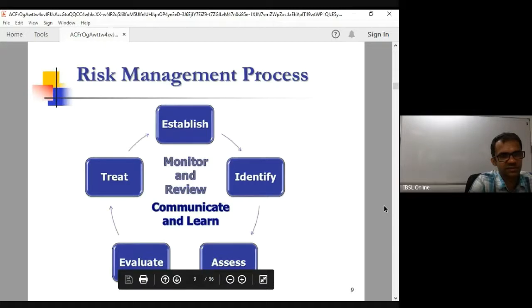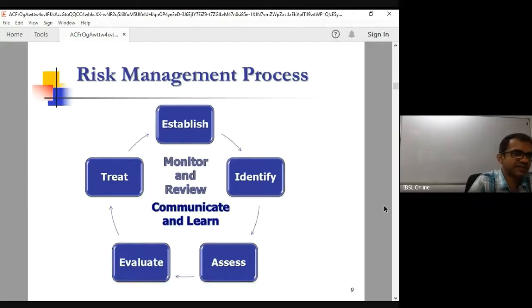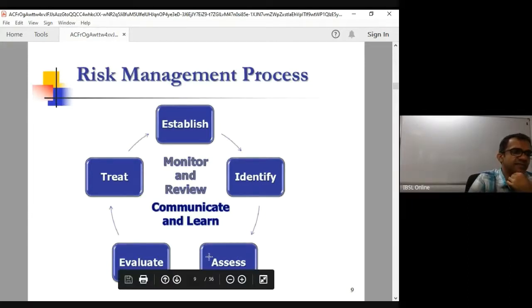As I mentioned at the beginning, even this identification or the assessment, these steps in some books, they may break into several parts and have separate structures or processes, but basically these things are the common concepts in any of these processes.